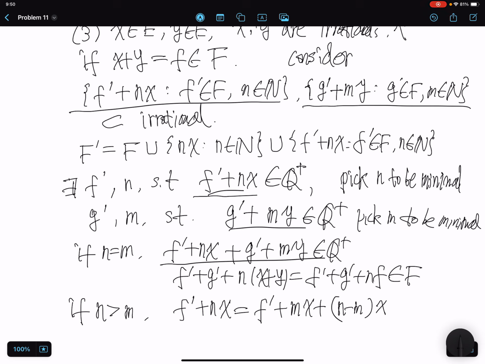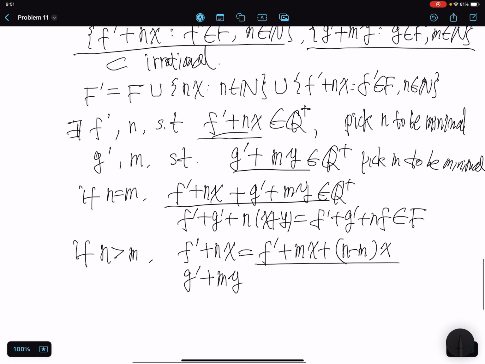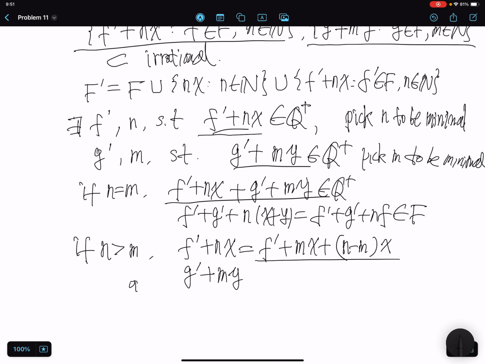So now if you add a g prime plus my, adding this to this set, on both sets, we assume this one is a rational number, and this is also a rational number, right?